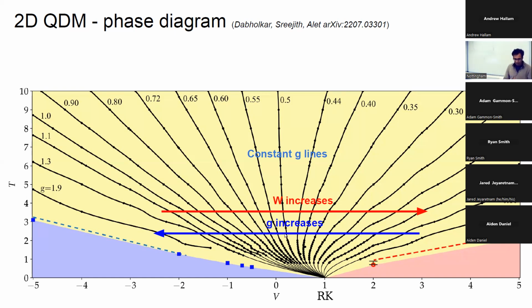Basically, from the winding number, I can estimate the flux stiffness, as 1 over the variance of the winding number, and map out the constant G lines for the negative V side.